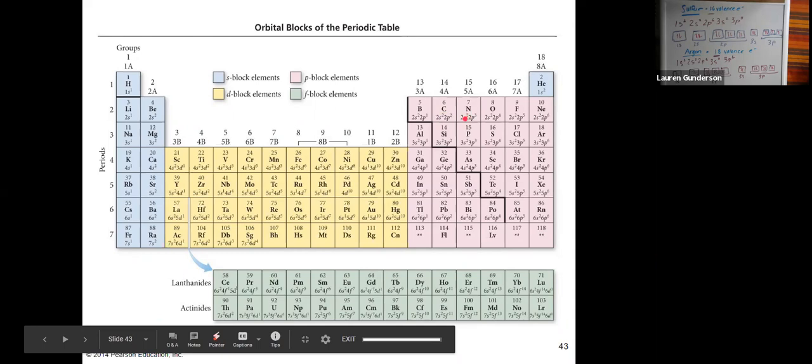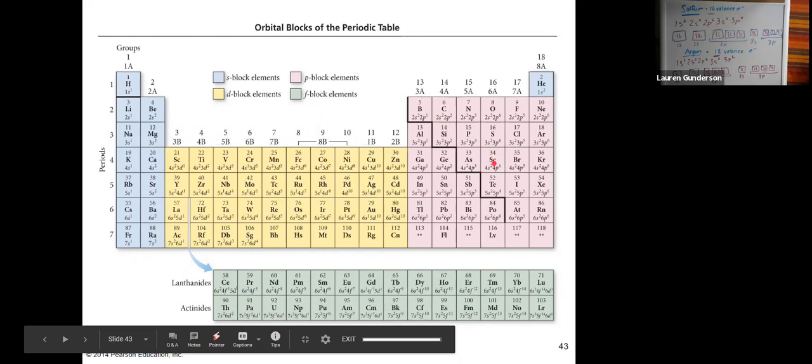We can actually do this with any element on the periodic table. You know, you can go down here to selenium. So it's in period 4. That means that any electrons that are in row 4 with it are also valence electrons. So it's over here in group 6.